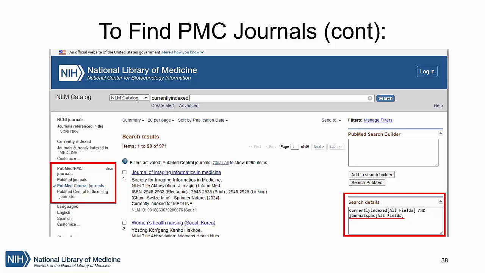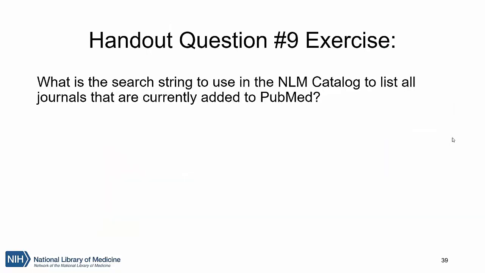And finally, we can combine these two search strategies to find all journals that are currently added to PubMed. And this is number 9 on your handout. So my question is, what is the search string to use in the NLM catalog to list all journals that are currently added to PubMed?